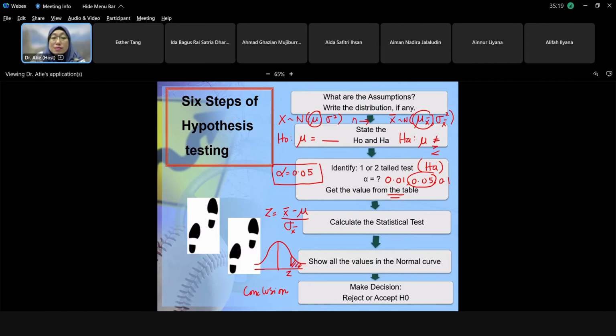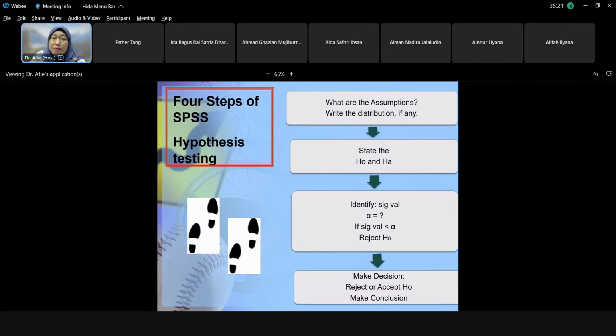Next, if we use SPSS for our hypothesis testing, we have a better condition. What does it mean? Instead of performing the 6 steps, we only have 4 steps left, because SPSS is very straightforward. We don't need to do the calculation, especially for step 5 just now.